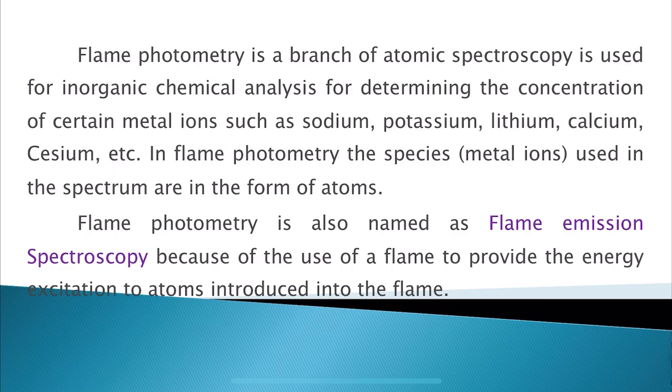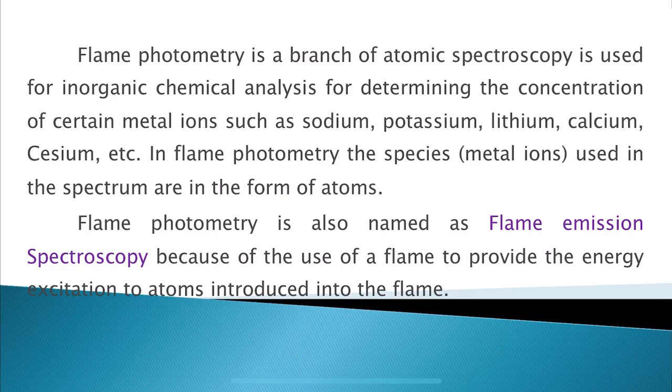The intensity of the light emitted is detected using an electronic photodetector. That is a measuring device which measures how much intensity of light is emitted when a metal is introduced into a flame. The wavelength of the color is used to identify the element, and the intensity of the color describes the concentration of the element.